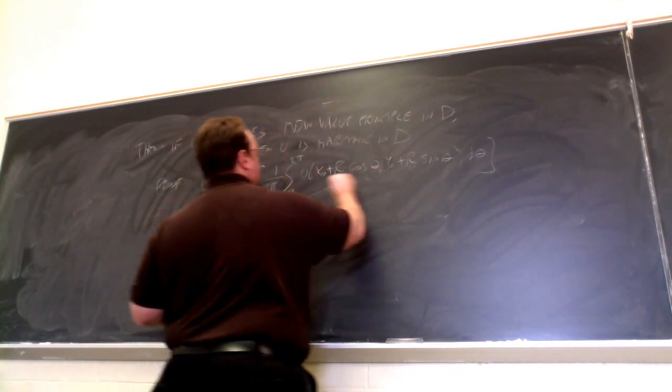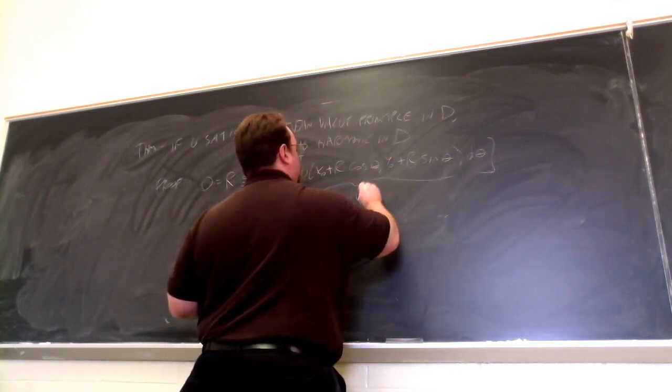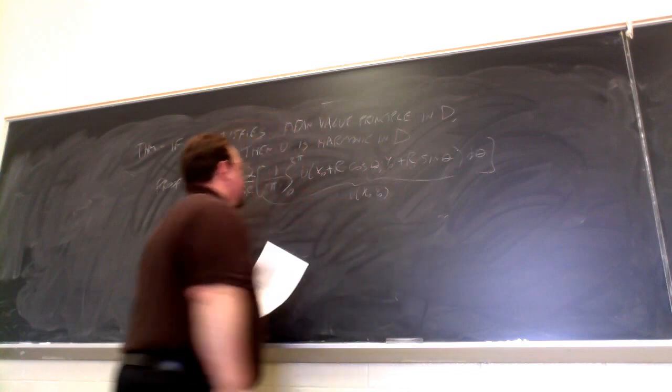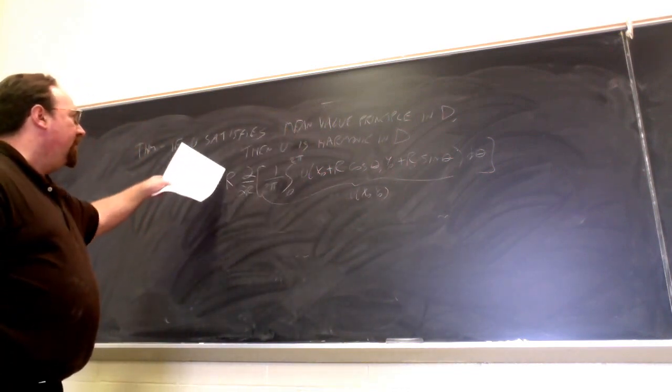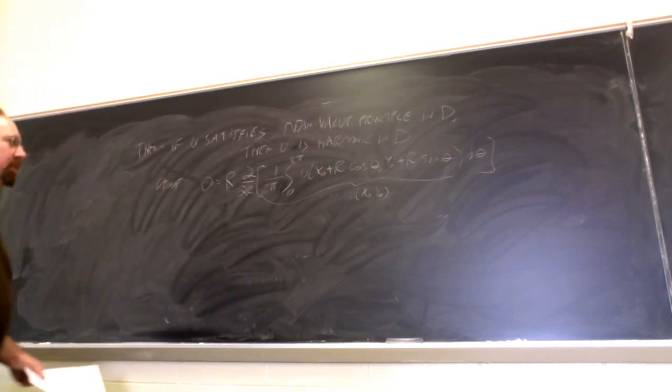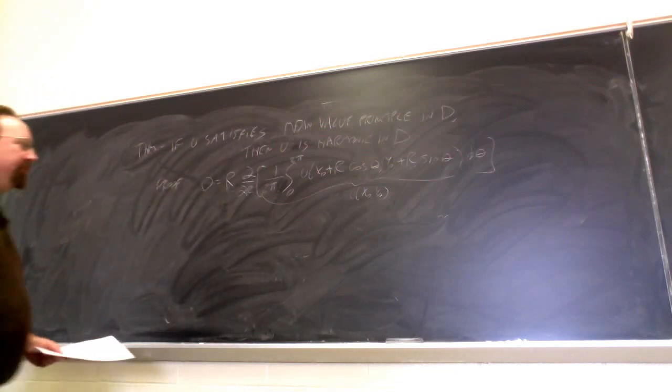Because all of this is equal to u of x naught, y naught by satisfying the mean value principle. That is a constant. Therefore, of course, this derivative is going to be 0. The factor R is thrown in because it'll be convenient later.